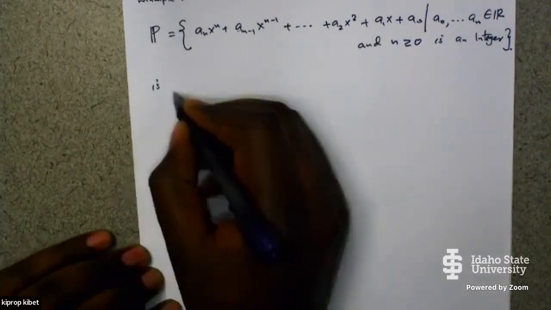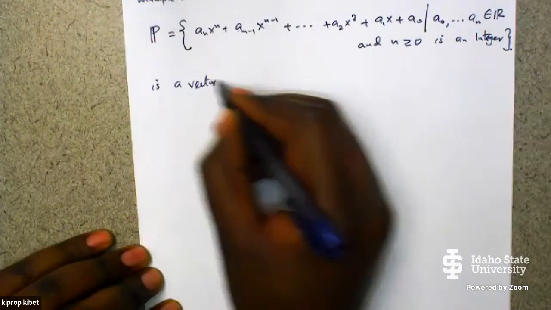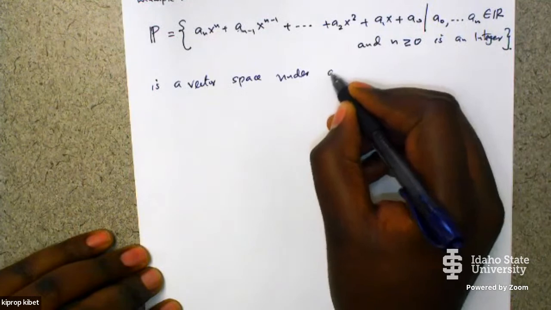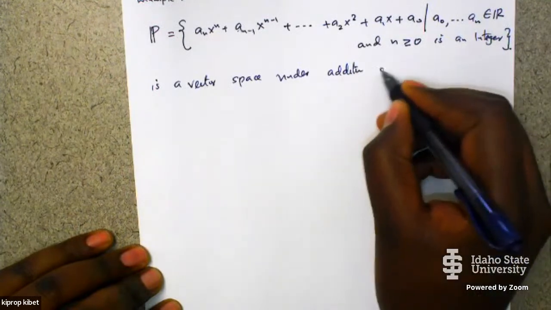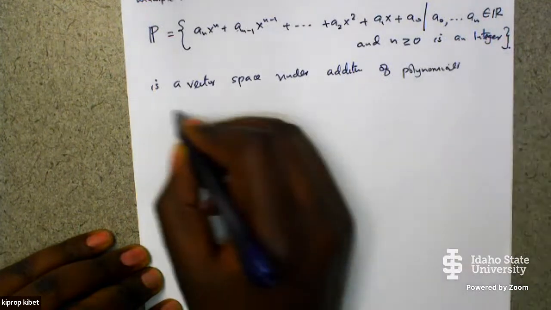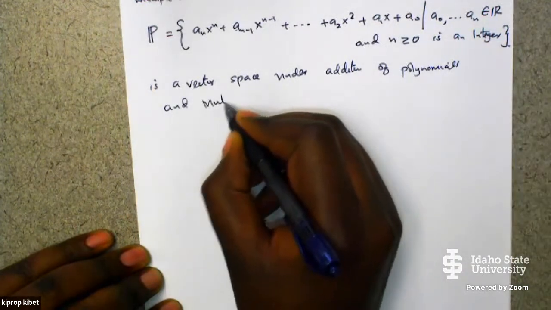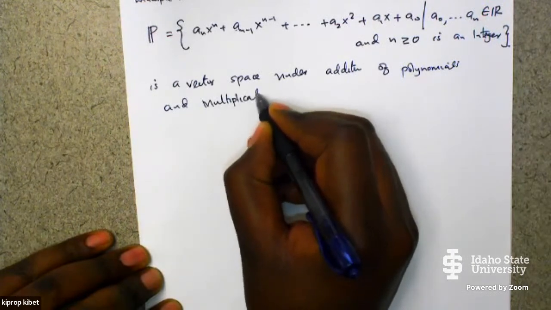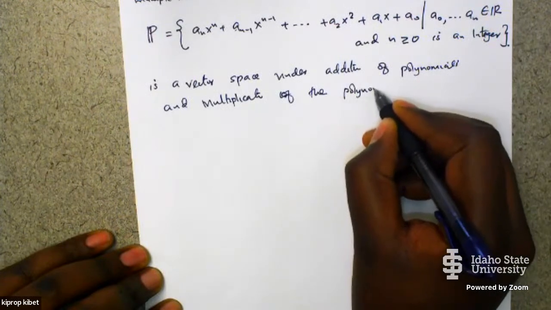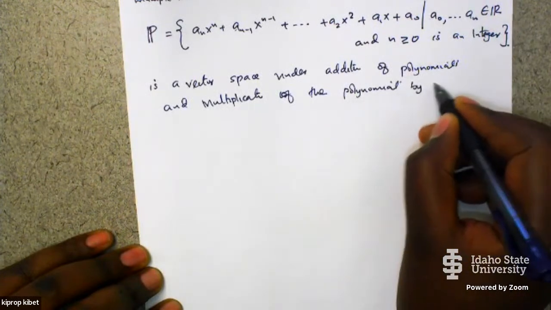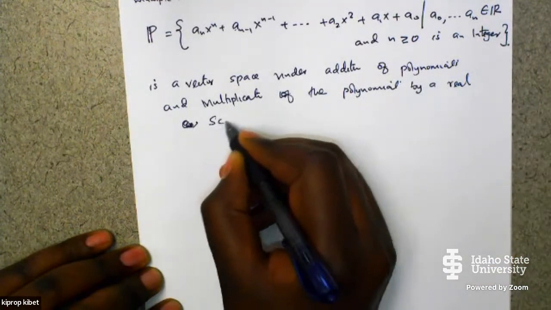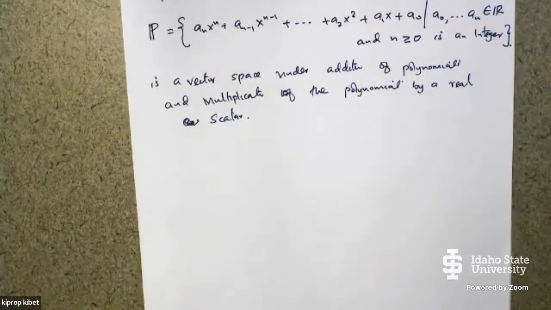So this polynomial set is actually a vector space under addition of polynomials and multiplication of the polynomial by a real scalar.